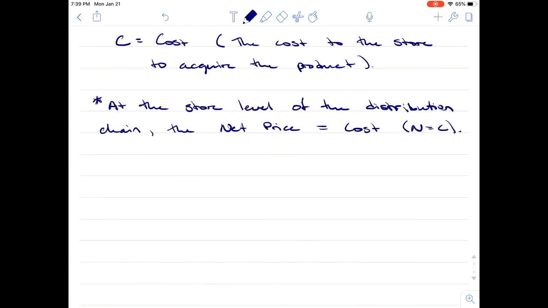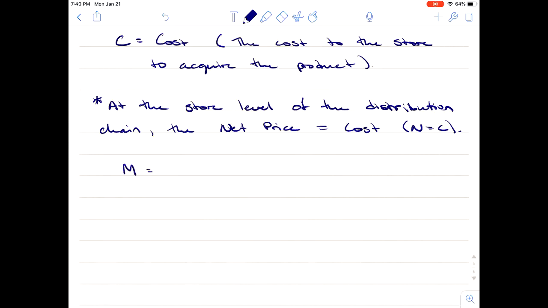So N is C. It's very important though that this only applies at the store level. Luckily for us, that's really the only level that we'll talk about, right? But this product could have gone through lots of different phases of the supply chain before it got to the store owner, and each of those would have a net price. But as far as the store owner is concerned, the net price is the same as the cost. So you want to keep those in mind.